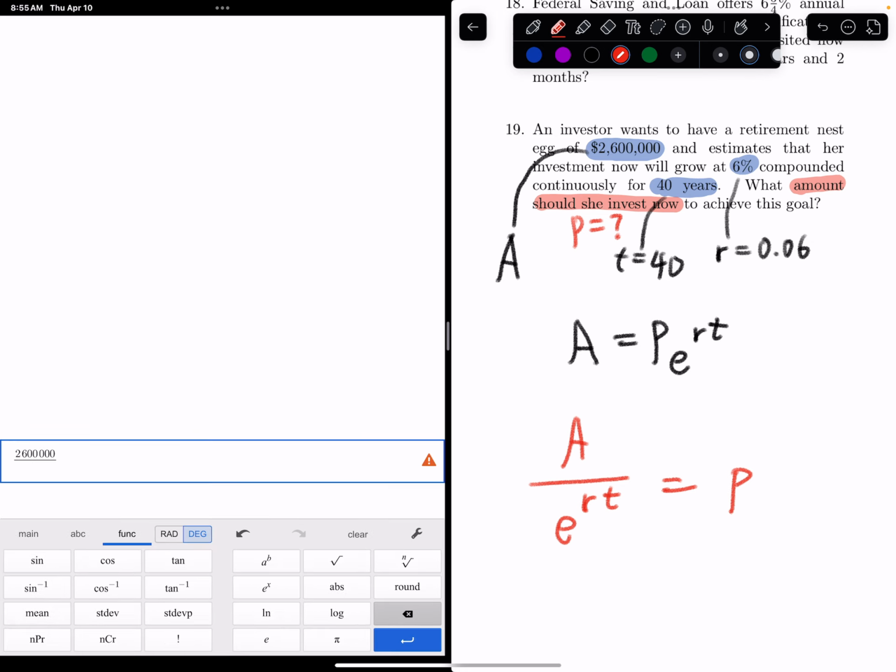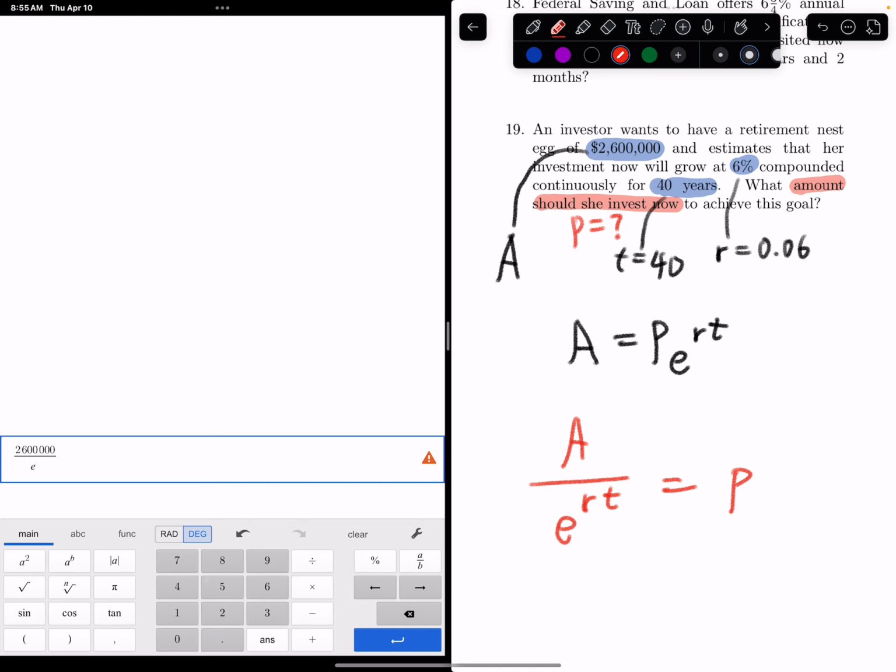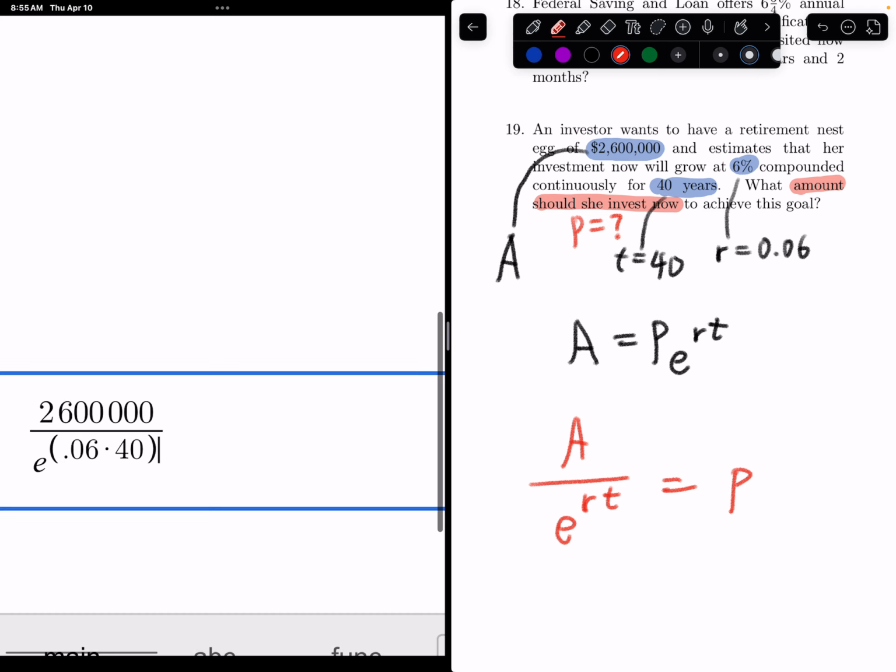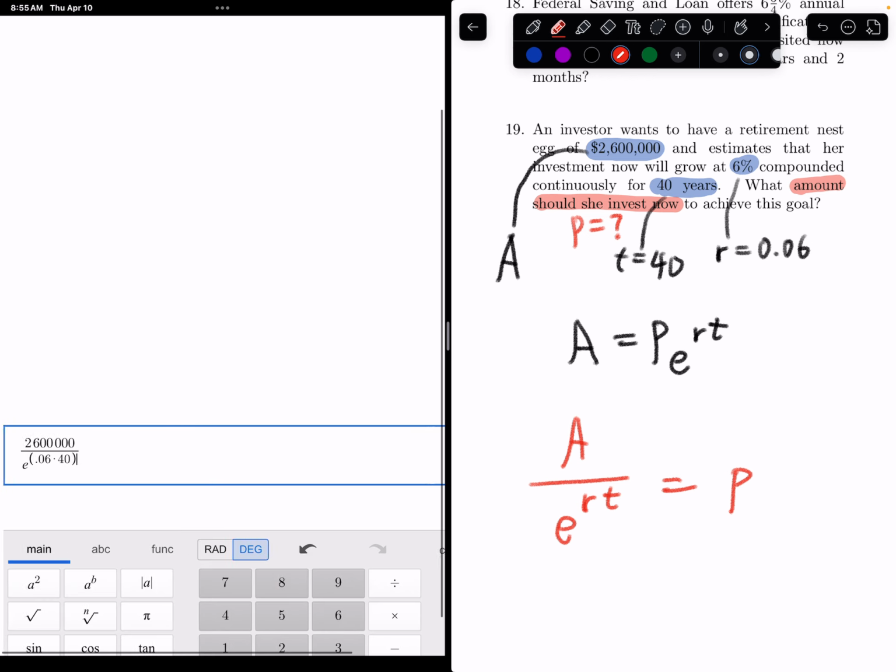Let's look at my functions. E, and I have the exponent e. So e to the x, what is the x? Put my parentheses. 0.06 is the r times t, which is 40. And then close my parentheses. Okay, you see what I typed in? 2,600,000 divided by e to the 0.06 times 40. Make sure your exponent is in its own set of parentheses.